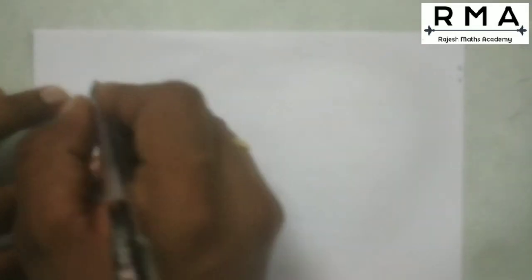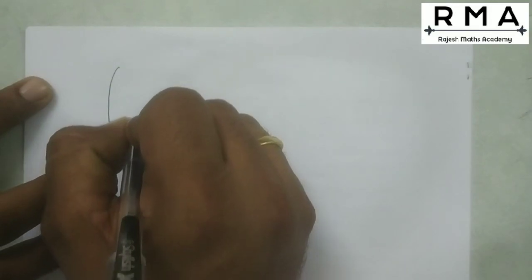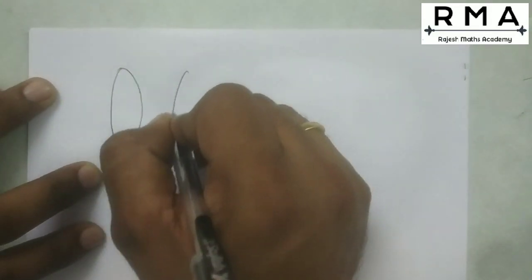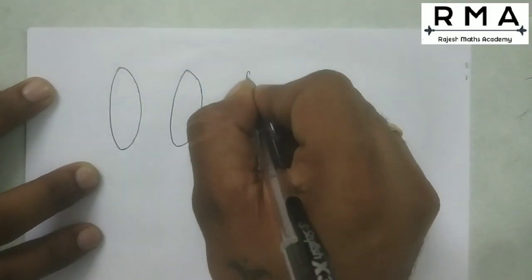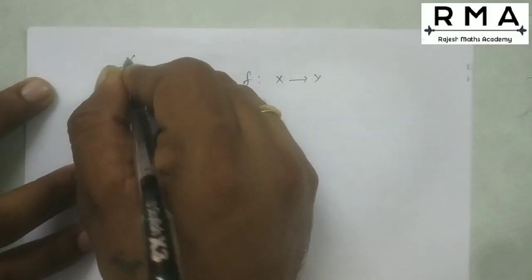First we have to recall the definition of a function from chapter 1, that is, f is a function from X to Y. X is my domain, Y is my codomain.